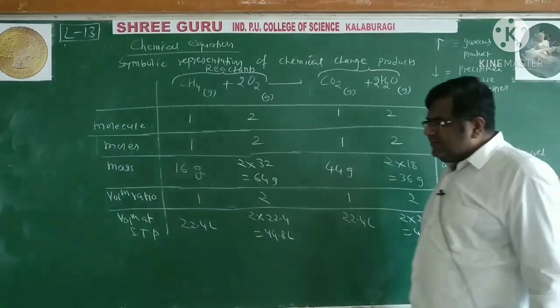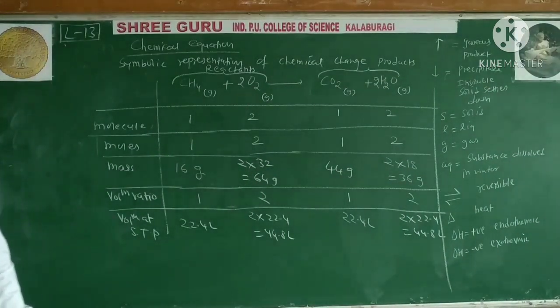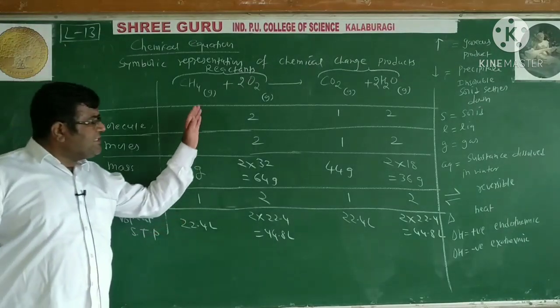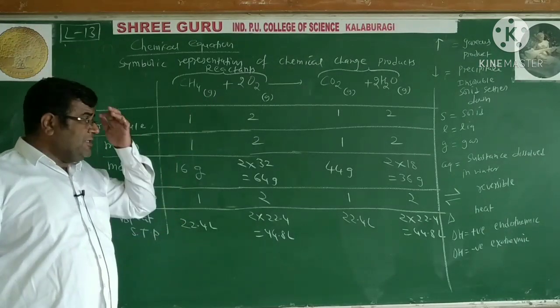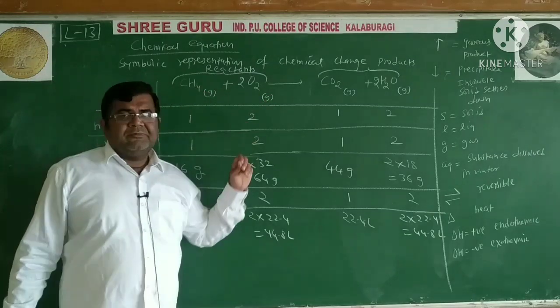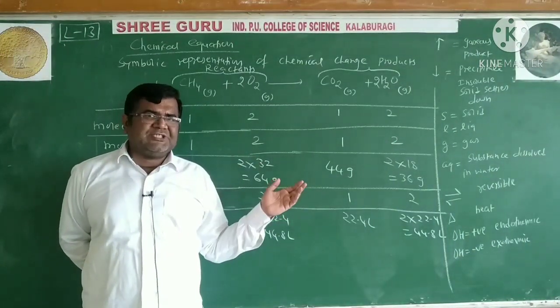So these are the few things which make the equation more informative. There are two limitations of this chemical equation. One is, by the equation we will not have any idea about the speed of reaction.